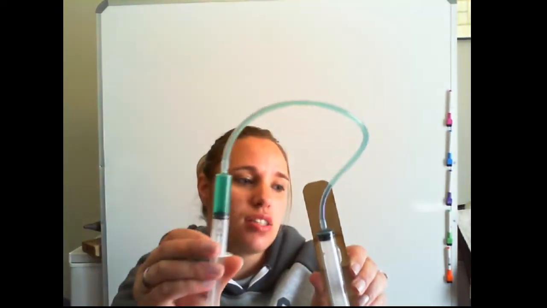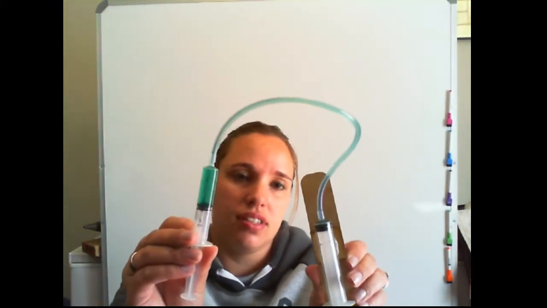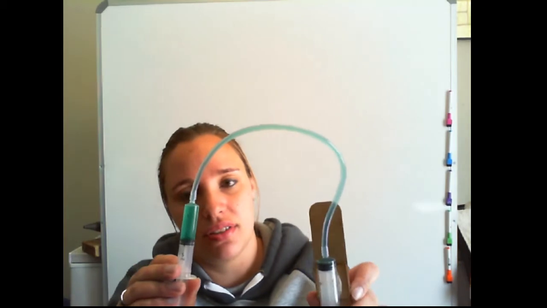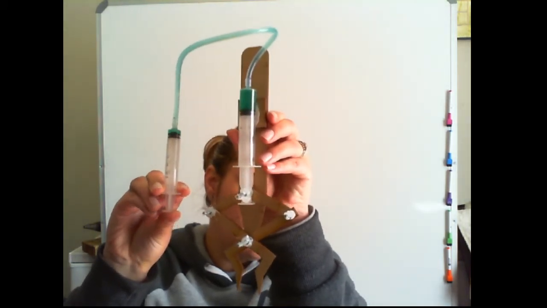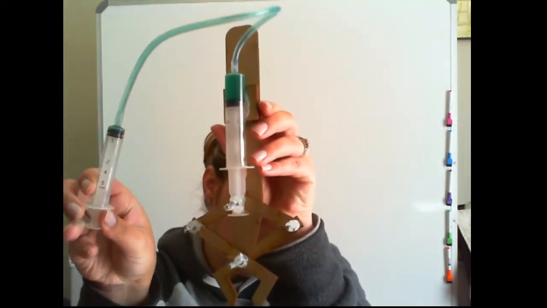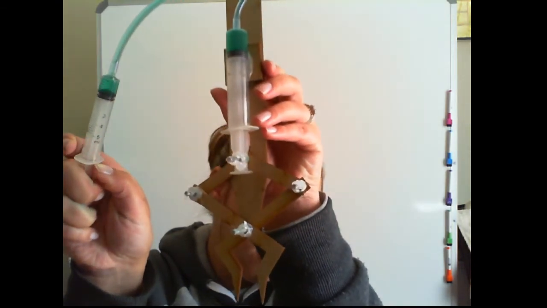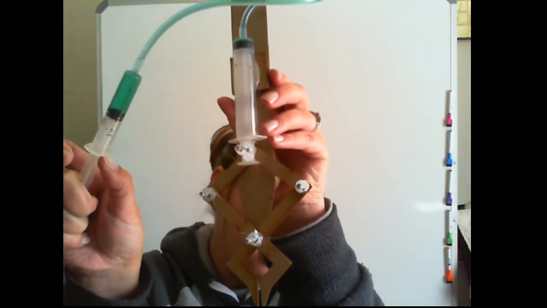Here we have a small input syringe to a larger output syringe. In this case it's 5 ml to 10 ml. If you apply the input force, it moves down and it spreads it. If you reverse it, then it cuts it. So this is a very simple example of how Jaws of Life work.